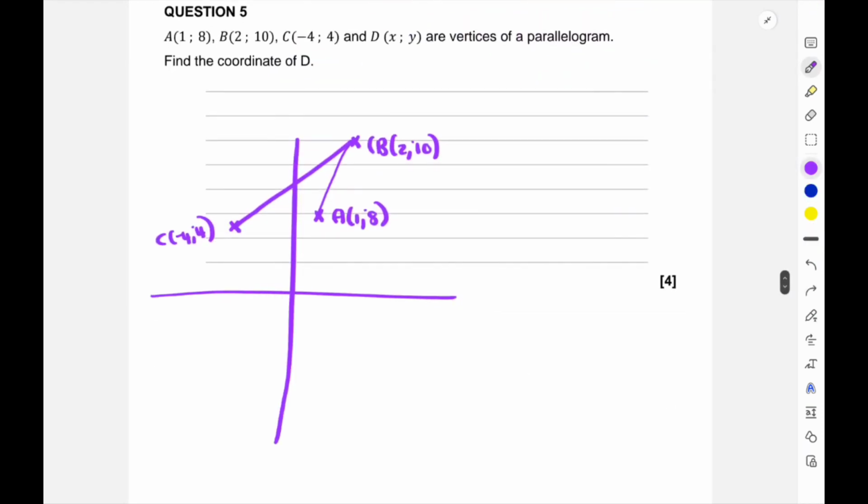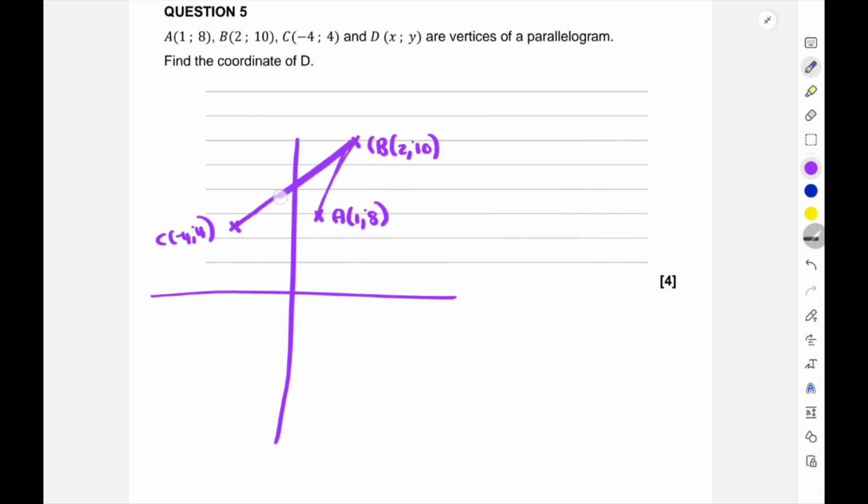All right, let's quickly look at this one. A, B, C, and D are vertices of a parallelogram. So those 4 points together give me a parallelogram. I've just drawn an X and Y axis and plotted A, B, C where they would go, or approximately where it would go.